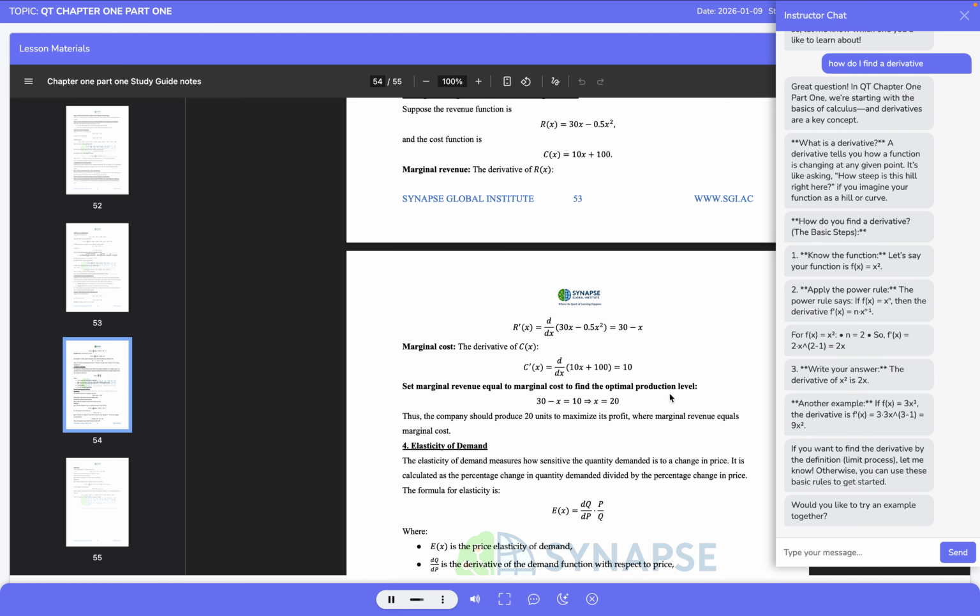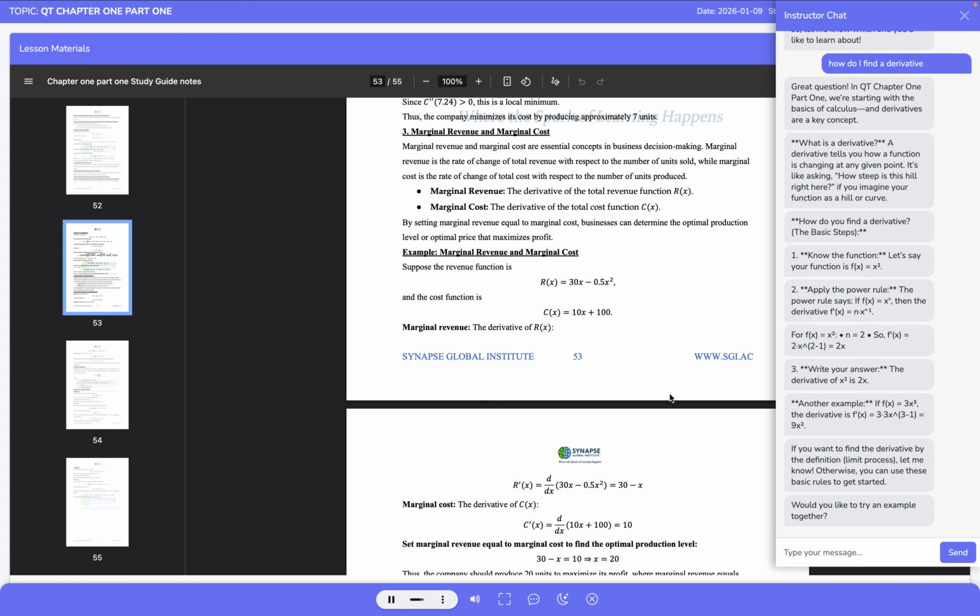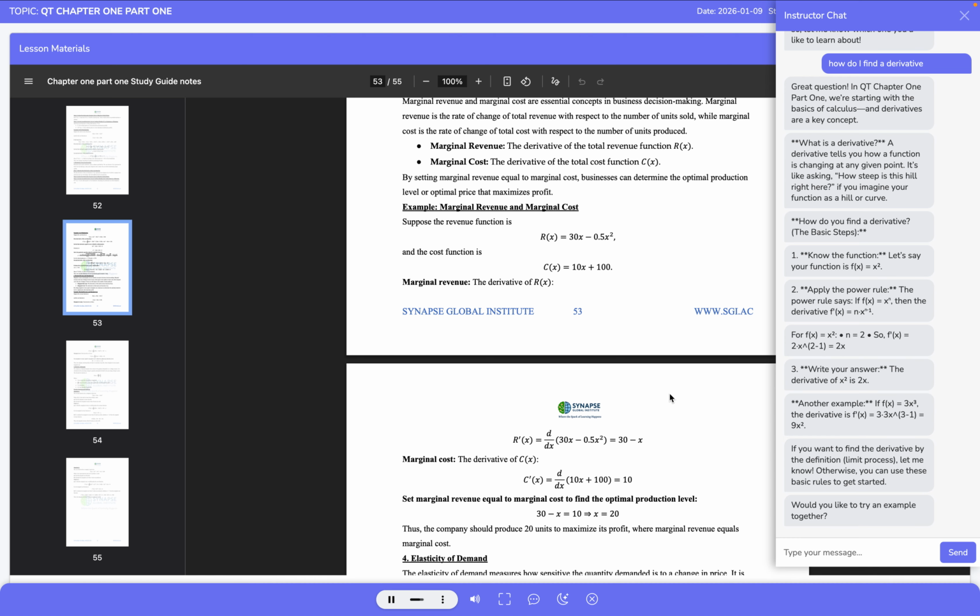As an example, consider a revenue function given by 30x minus 0.5x squared and a cost function given by 10x plus 100. Differentiating the revenue function gives marginal revenue equal to 30 minus x, and differentiating the cost function gives marginal cost equal to 10.